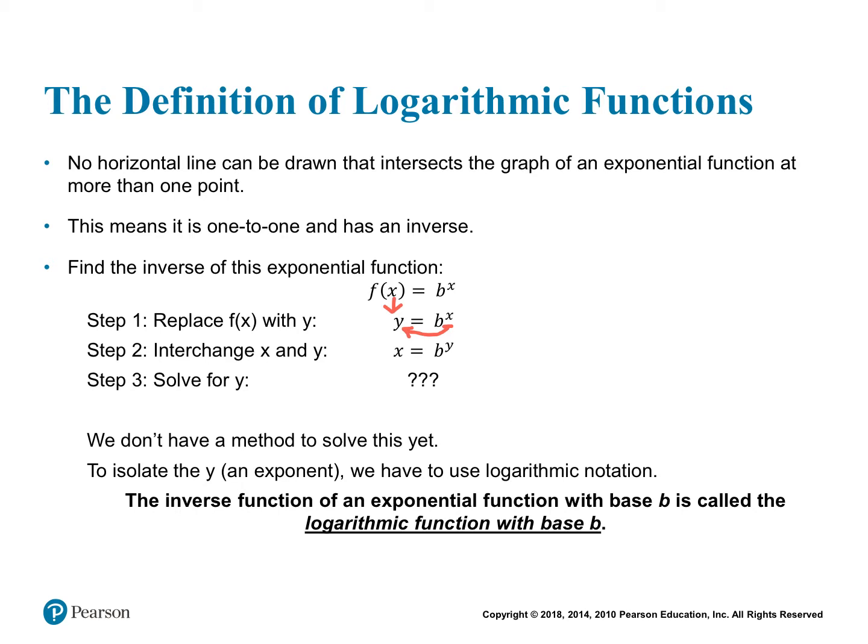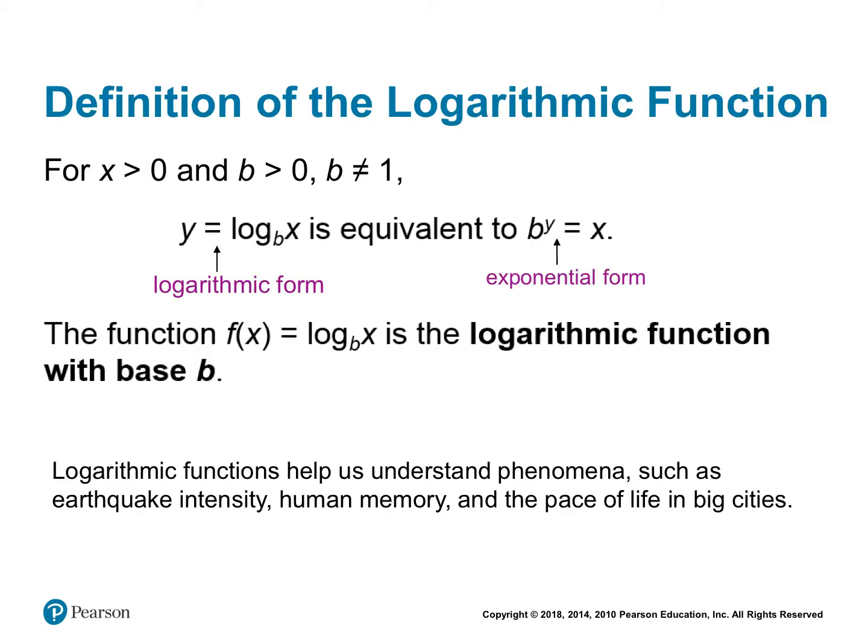So to try to isolate this y up here, which is an exponent, we have to use logarithmic notation. So the inverse function of an exponential function with a base of b is called the logarithmic function with base b. Here it's written out another way for when x is greater than 0, b is greater than 0, and also the base is not 1.